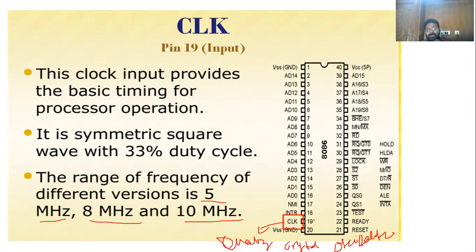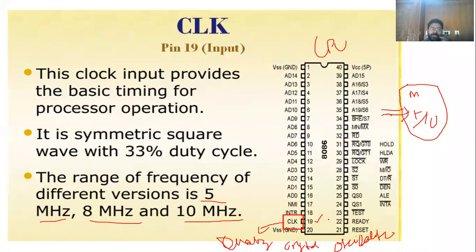This clock controls the entire microprocessor, and at the same time the memory and the input output devices connected to the CPU. When the clock speed increases, the speed of the microprocessor also increases.